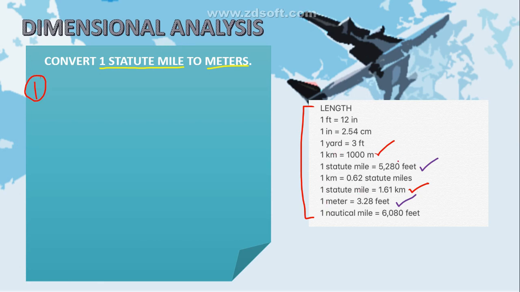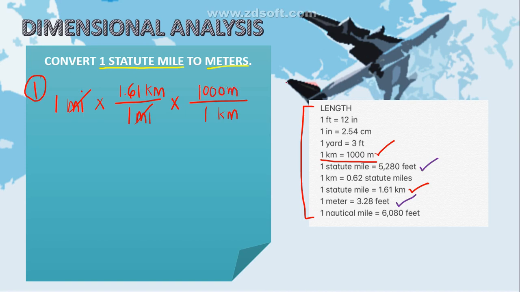So we're given 1 statute mile, and then let's get the conversion factor multiplied by 1 statute mile is 1.61 kilometers. You can cancel miles, then kilometers will remain, so multiply it again by the conversion factor. 1 kilometer is 1,000 meters.